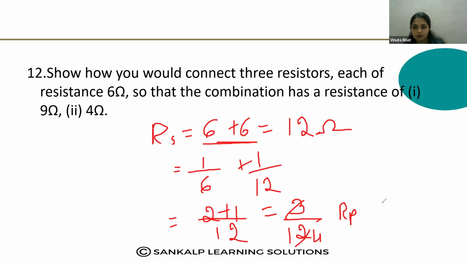Rp is equal to 4 ohm. So how you have to connect? Two resistors should be connected in series and one resistor should be in parallel. Then the total resistance will be 4 ohm.